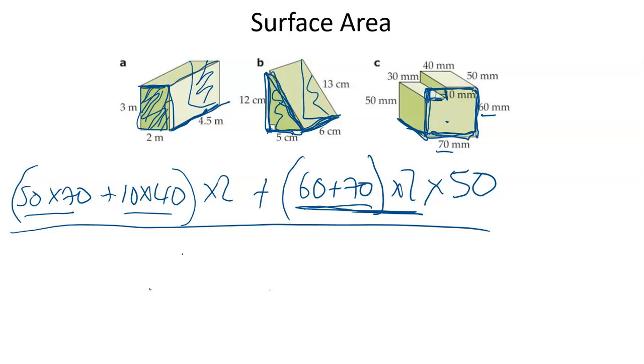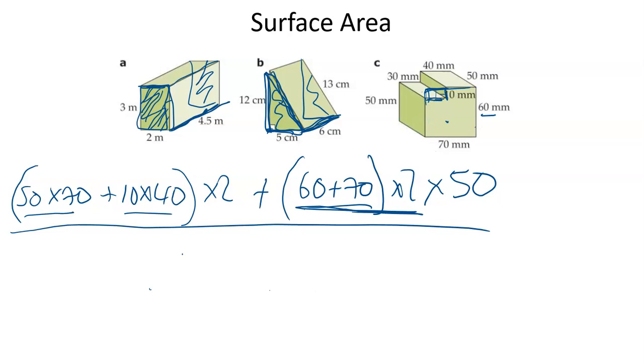So you're showing all of the bits that you are trying to do, and the examiner's not having to sort of scout around for it. And then also, if you get a funny answer and something you're not expecting, you can then go back and say, okay, well, where are all these numbers? And you can then proofread your method very clearly because it's all laid out in a row.